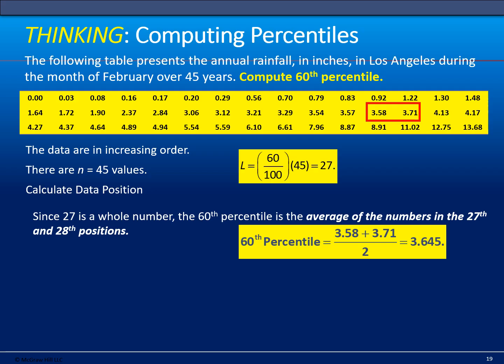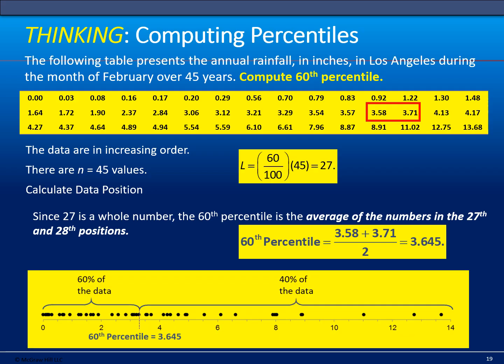Here we take the average, we get 3.645, and so the 60th percentile is a rainfall amount of 3.645 inches. So for annual rainfall during the month of February, 60% of rain is below 3.645, and 40% of the rains in February are above 3.645 inches.